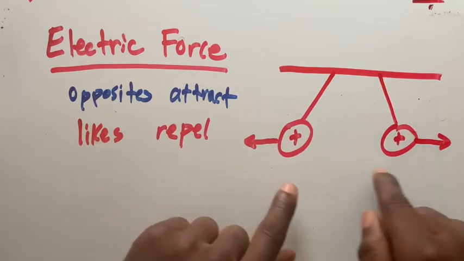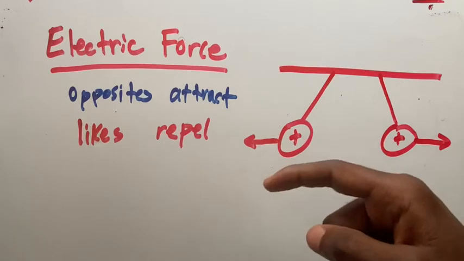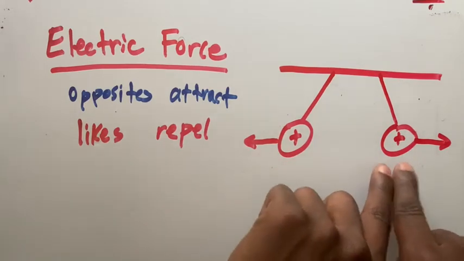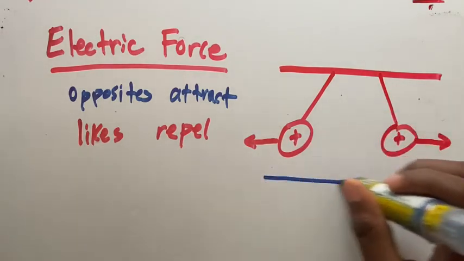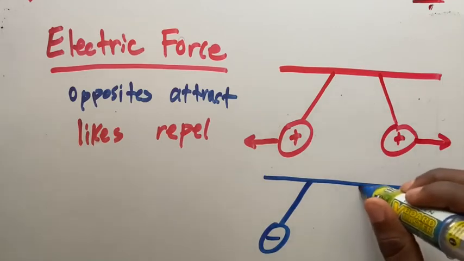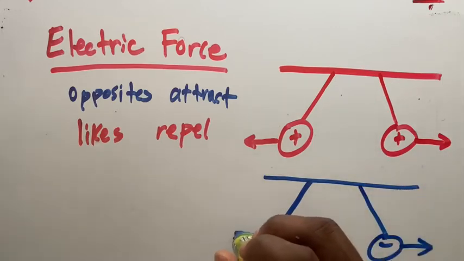And so basically this charged object is pushing on that one that way, and this charged object is pushing on this one in the opposite way. All right. So that'd be the same case even if both our objects were negatively charged.